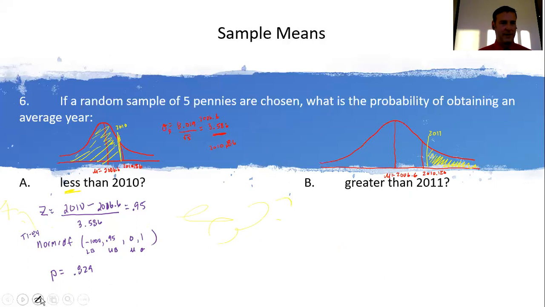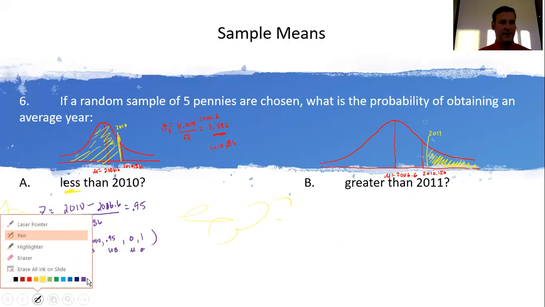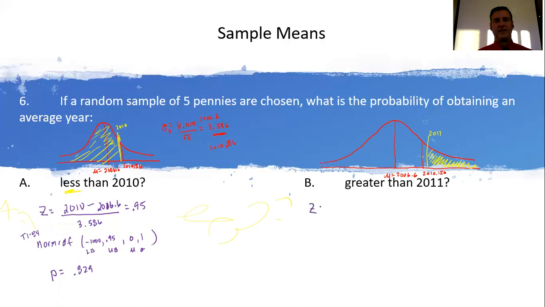So z is equal to your x bar, since they're asking about obtaining 5 pennies that have an average year of 2011, minus the mean of your population and your sampling distribution, same thing, 2006.6, all divided by 3.586, which is the standard deviation of your sampling distribution. If you do this math, you get 1.23.